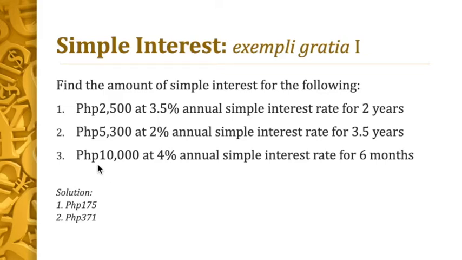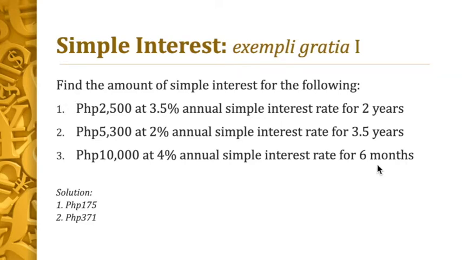And for number three, P is 10,000 times 4% simple annual interest rate. So 4% in decimal is 0.04. I put that in my calculator, and we have 6 months. Don't push the six yet, since this is 6 months and our T should be in years.